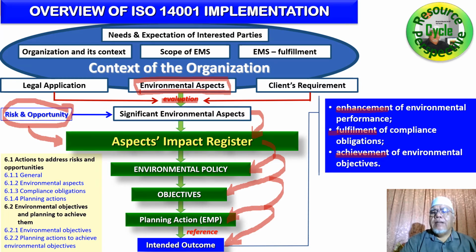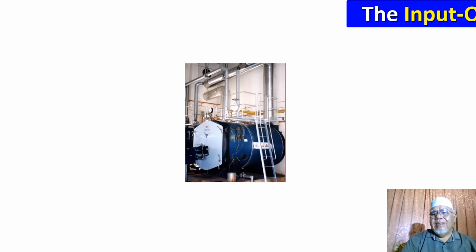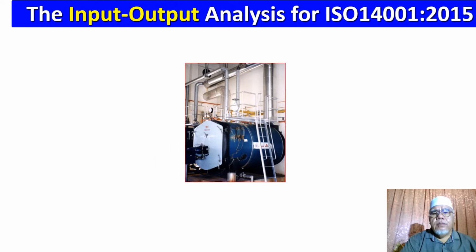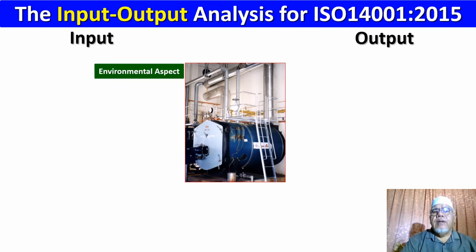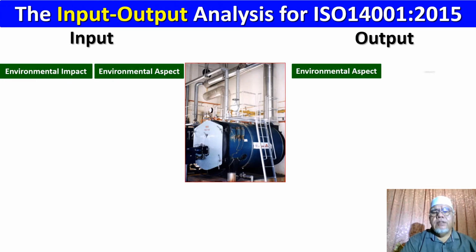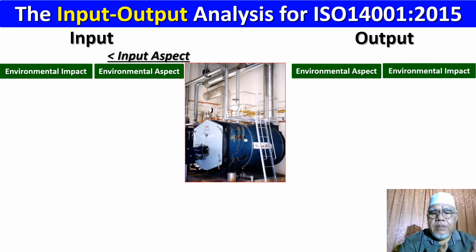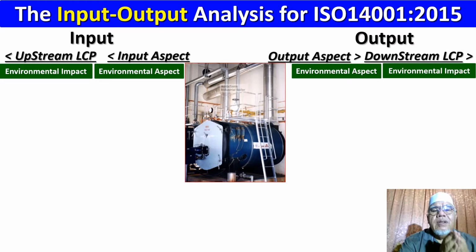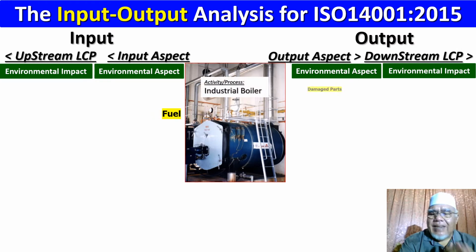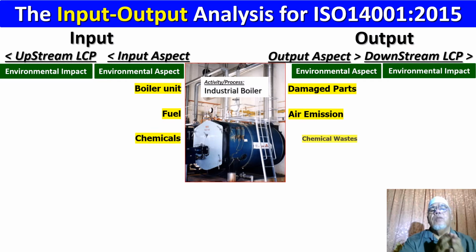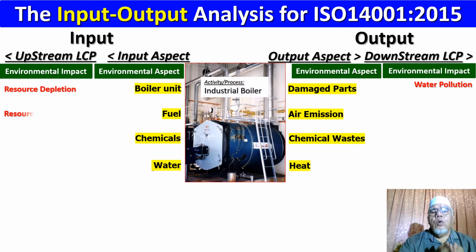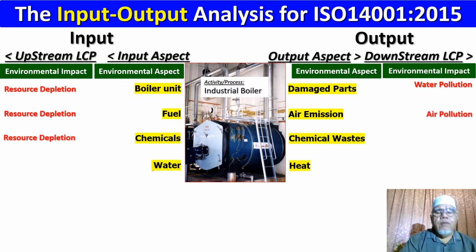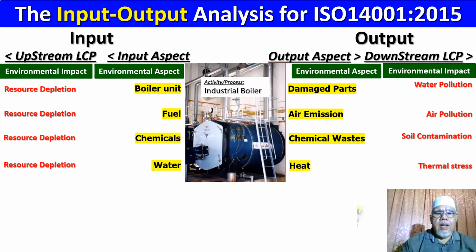Okay, back to the basics. This is the input-output analysis of a boiler. The environmental management system says we have got to manage all significant, or actually all, environmental aspects generated from each unit process of our organization, from management right up to the guardhouse, literally.